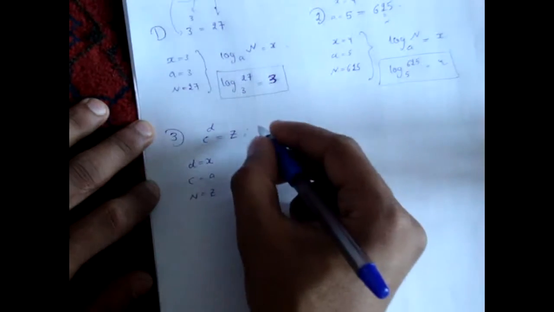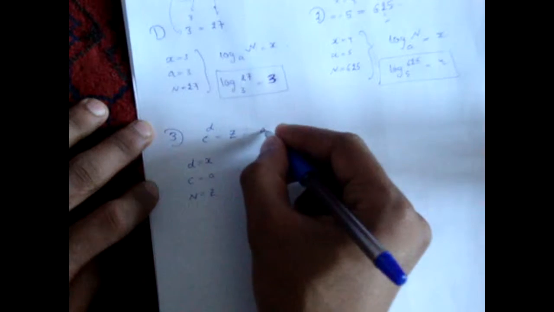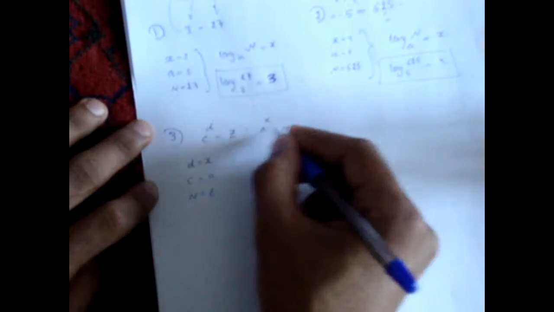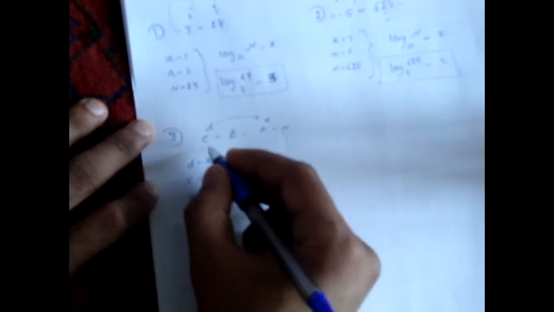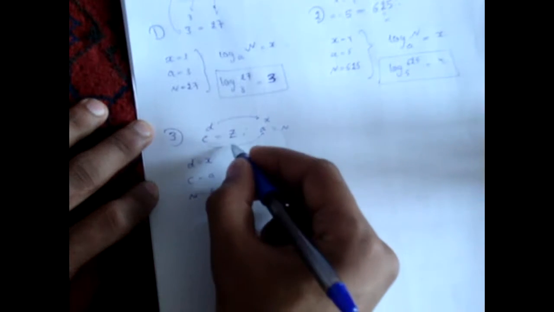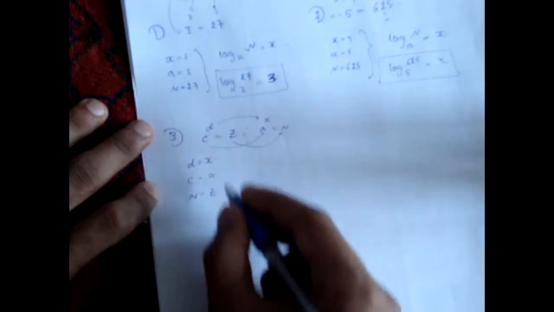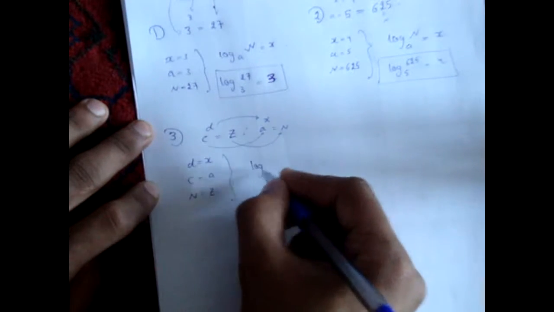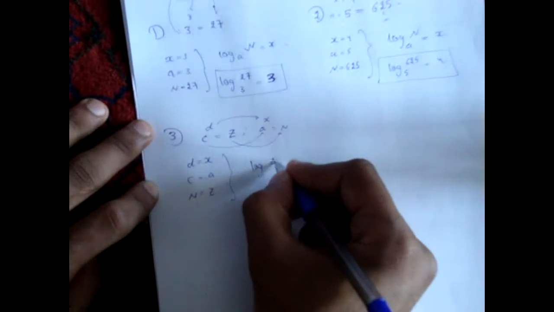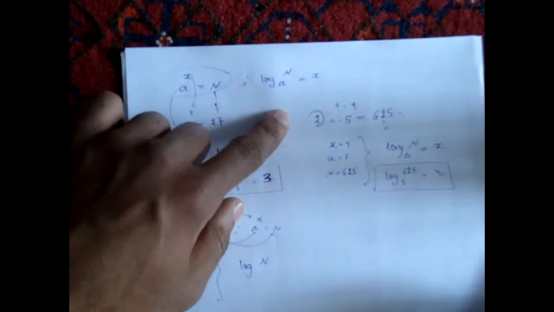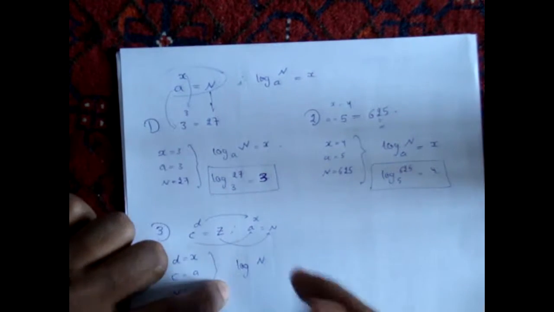If you know what I mean, a to the x equals to n. This d belongs to x, c belongs to a, and z belongs to n. We have this formula right here. We write it down again in here.